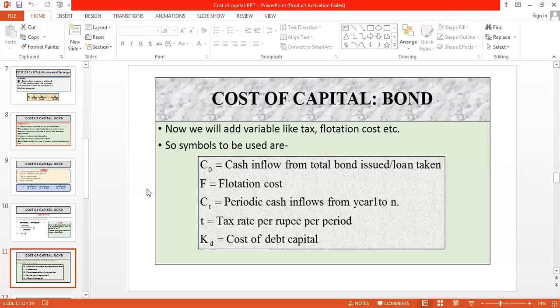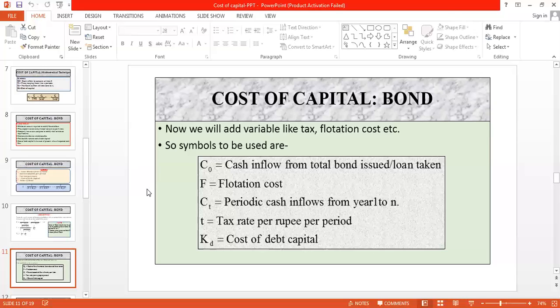Now the third symbol is Ct, which is actually the substitution of the symbol I that we used in the first formula. It is the periodic cash flow for year 1 to year N for the bond holding. So this is the amount that the company has to pay to the bondholder periodically to keep them satisfied.